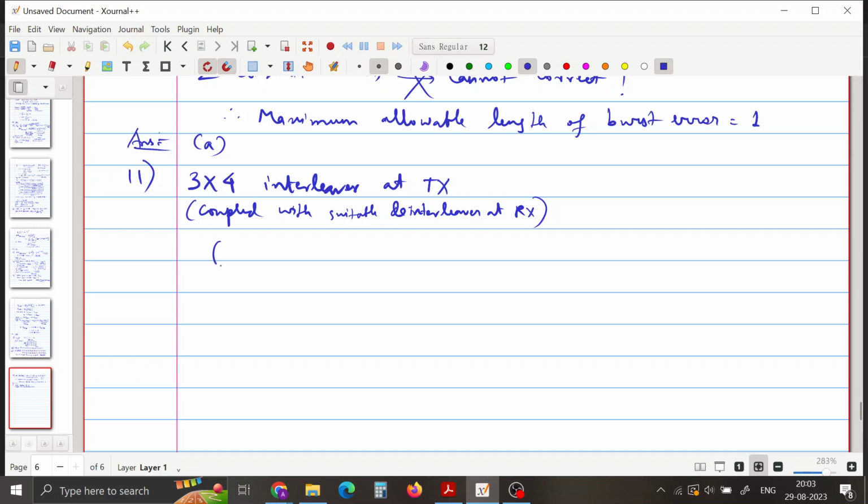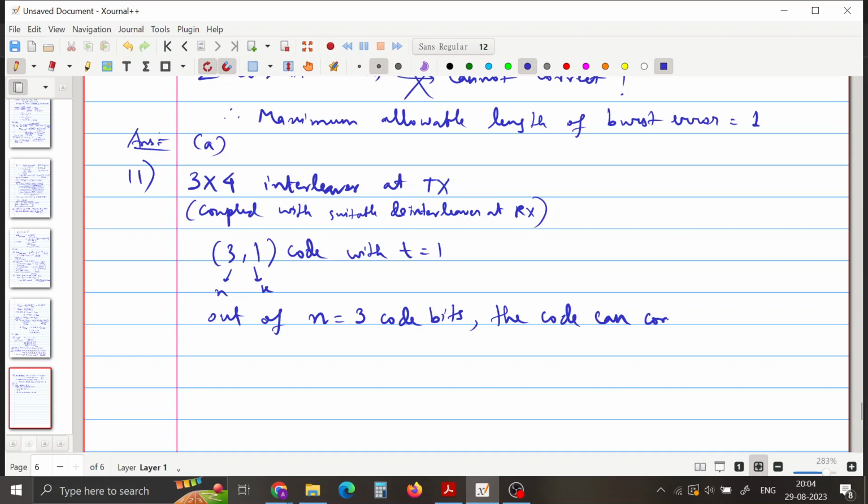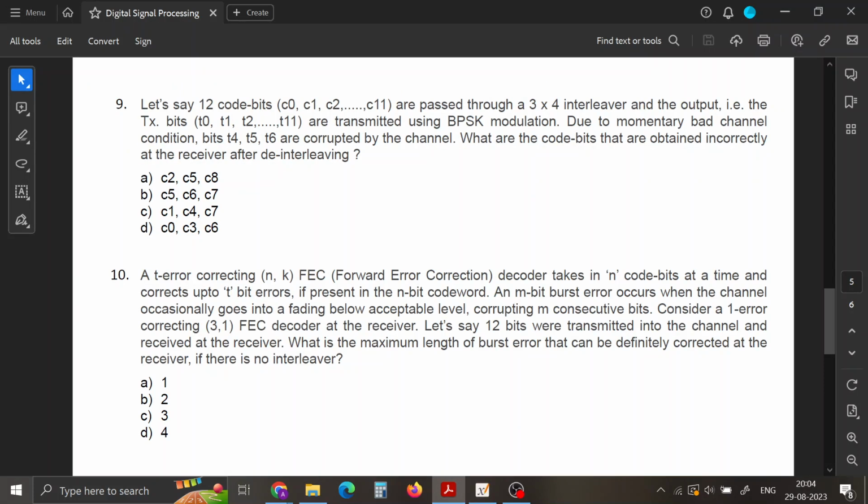Okay, so you see, you have a 3-1 code with t equals 1. This is your n, this is your k. Out of n code bits, where n is 3, the code can correct t equals 1 error.